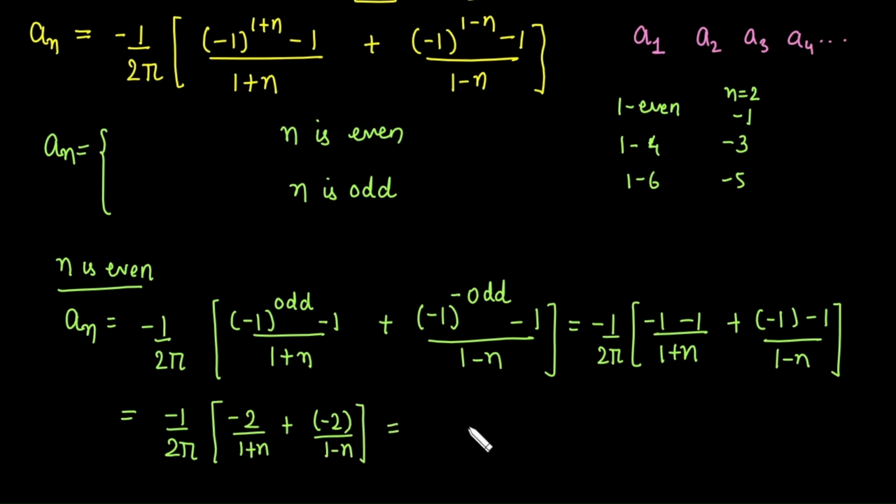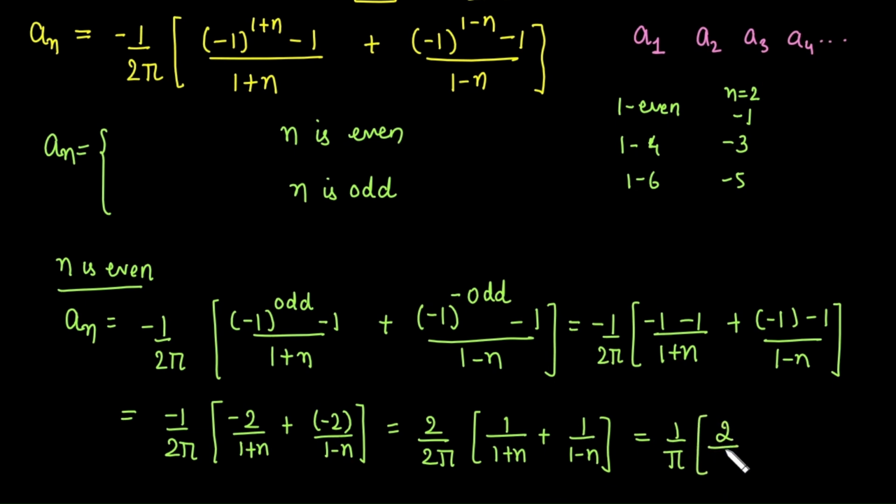Take minus 2 outside, we have 2 upon 2 pi, 1 upon 1 plus n plus 1 upon 1 minus n. This is equal to 1 by pi. Simplify this, we have 2 upon 1 minus n square. So whenever n is even, the answer is 2 by pi times 1 minus n square.